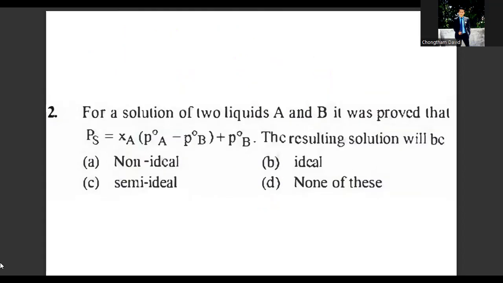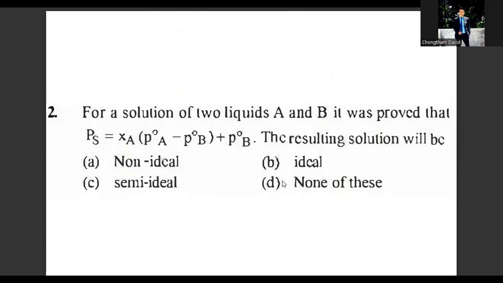Let us read question number 2. For a solution of two liquids A and B, it was proved that PS equals XA (P naught A minus P naught B) plus P naught B. The resultant solution will be? The options: non-ideal, ideal, semi-ideal, none of these.